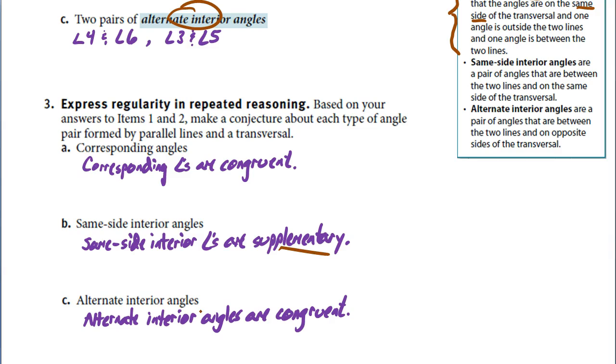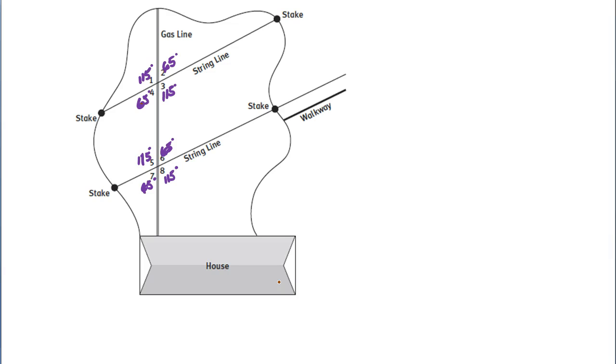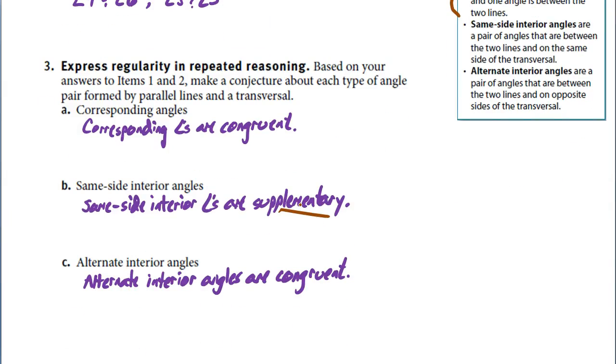Alternate interior angles. Okay, back to that drawing. Let's find the alternate interior angles. That would be angle 4 with angle 6, 65 degrees and 65 degrees. They are congruent. The other pair of alternate interior angles are the 115, and then over here, this 115. They are congruent. So we can conclude that alternate interior angles are congruent.